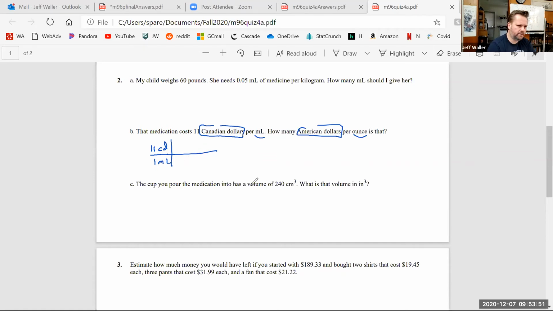Where would I put Canadian dollars, top or bottom? On the bottom. Bottom, okay. And if you get that, you get the whole thing. Because now you just fill in what I tell you. What did I tell you on the quiz? If you've got the quiz right there.